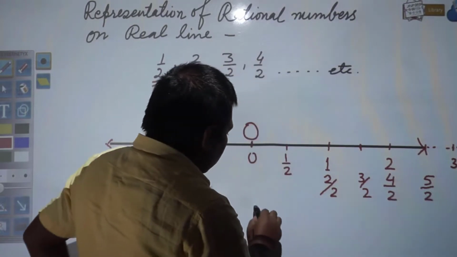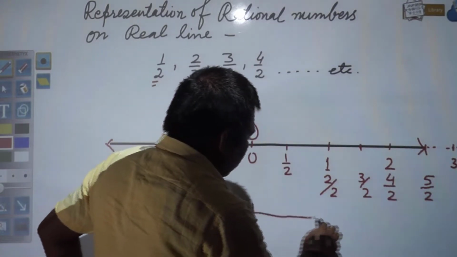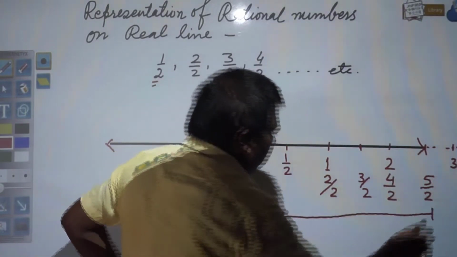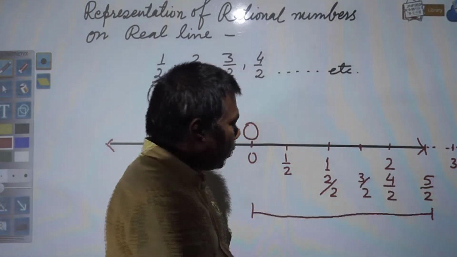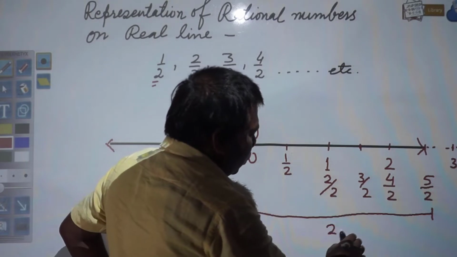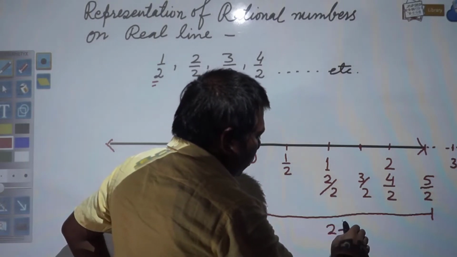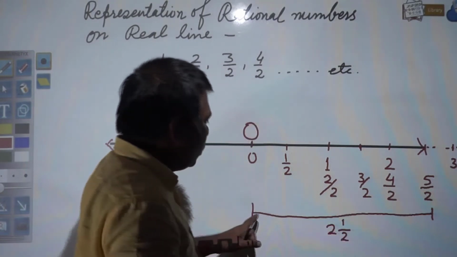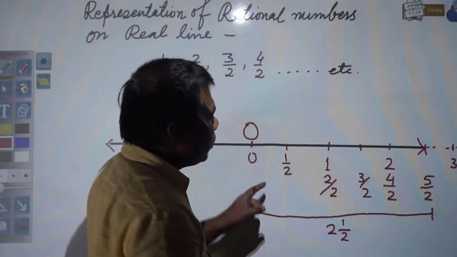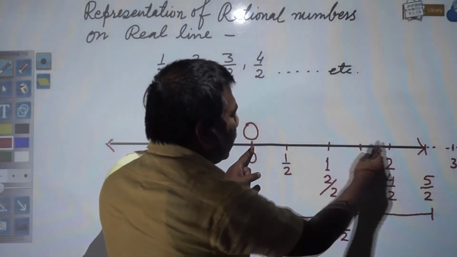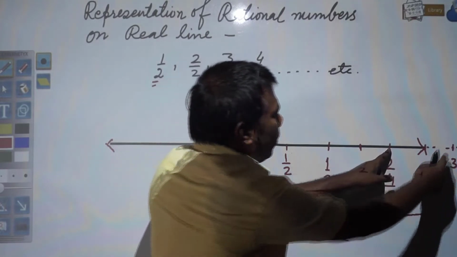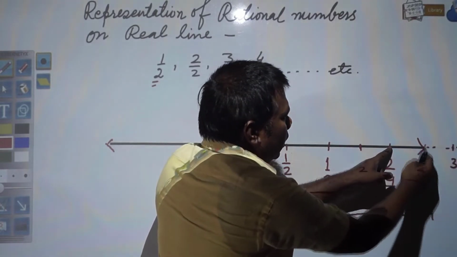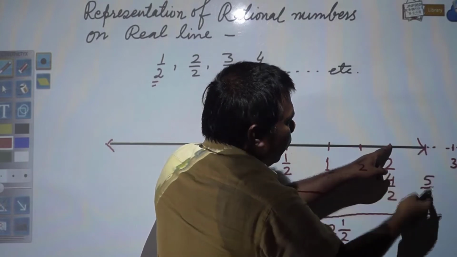Next, in between 2 and 3, this can be represented as 5 by 2. 5 by 2 means the distance from here to here. What is 5 by 2? If you divide, you will get 2 whole 1 by 2. It means you have taken 1, 2, 2 whole, and then this portion is 1 by 2.